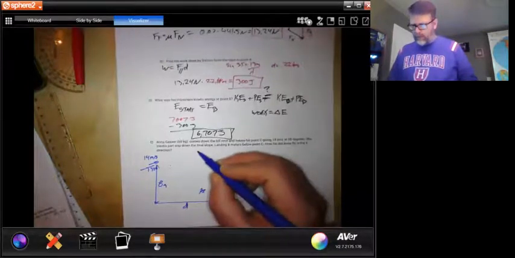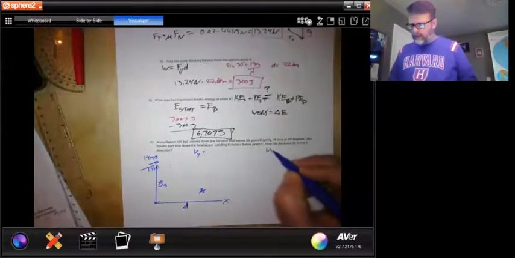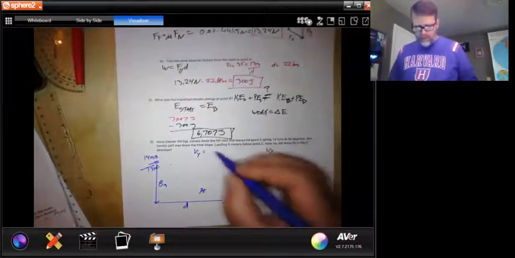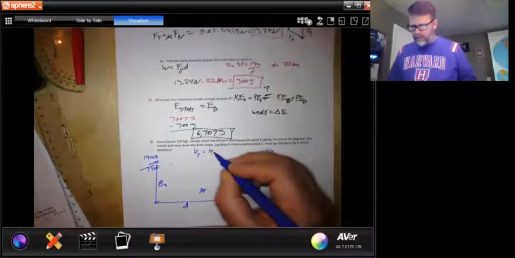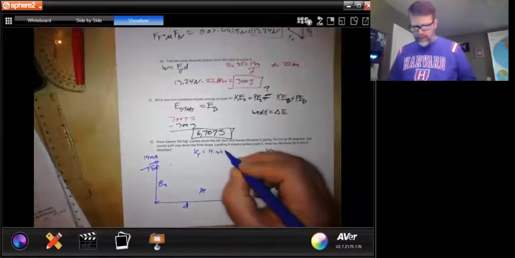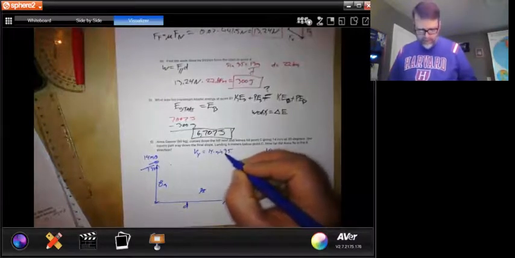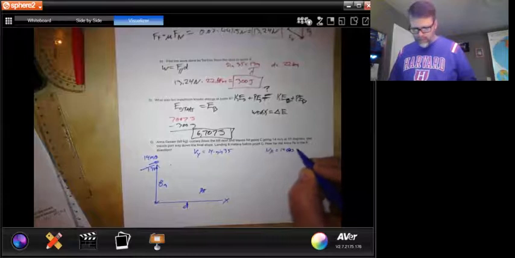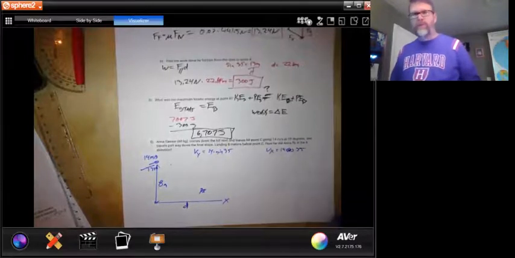So, well, first let's find our velocity in the y and our velocity in the x. And so velocity in the y is going to be 14 times the sine of 35. And velocity in the x is going to be 14 times the cosine of 35.